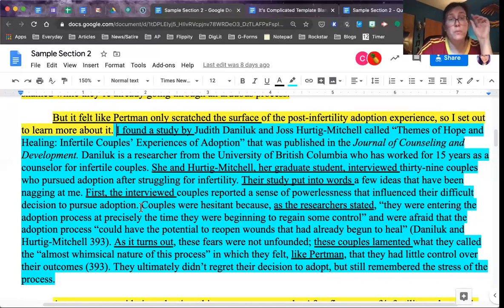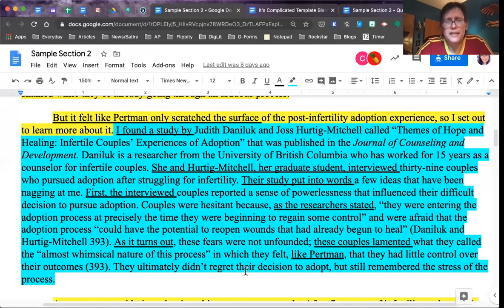Daniluk and Hertig Mitchell, 393. As it turns out, these fears were not unfounded. These couples lamented what they called the, quote, almost whimsical nature of the process, in which they felt, like Pertman, that they had little control over their outcomes. They ultimately didn't regret their decision to adopt, but still remembered the stress of the process.